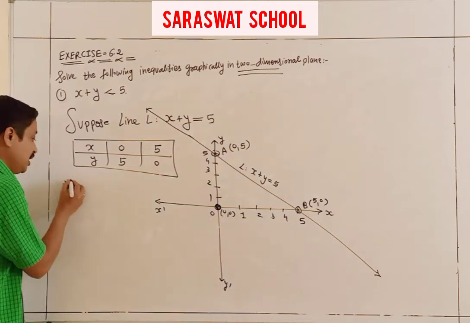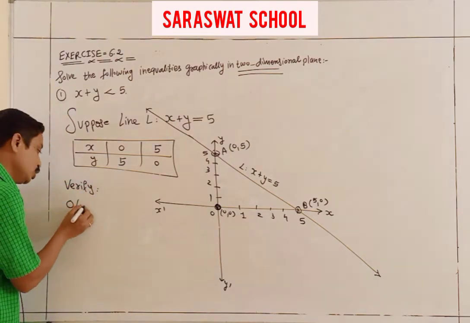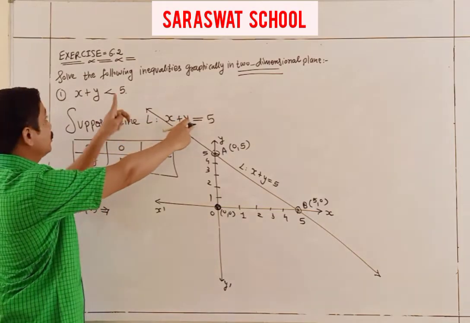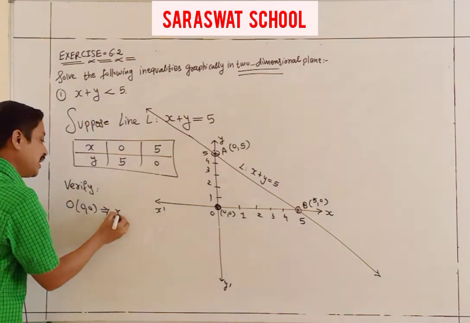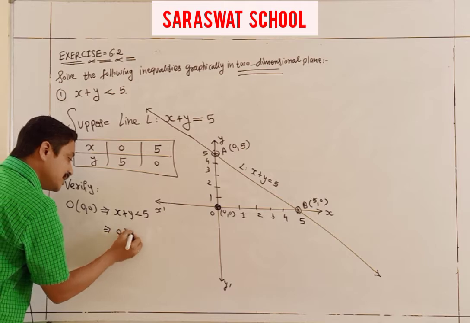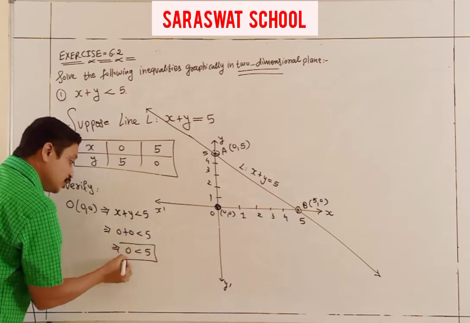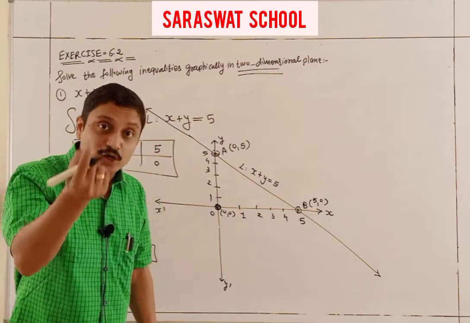So we verify our point O, (0, 0), in the given inequality x plus y less than 5. Now check: 0 is less than 5. Is it true?